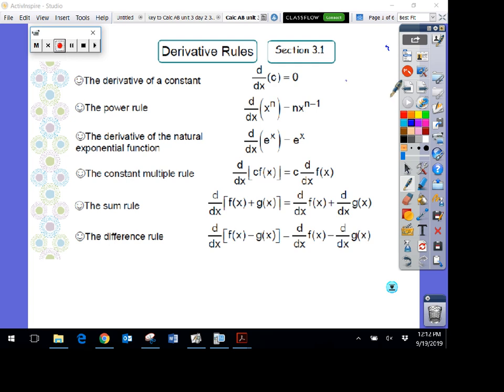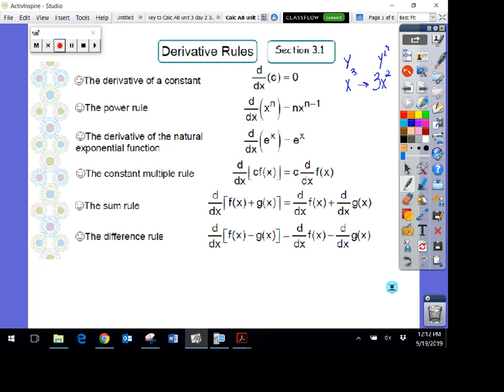So for example, if I had x to the third, I bring that 3 down in front, I write the x, and I subtract 1 from the 3, so I get 2. So there is the derivative. If this is y, this is y prime. They're not equal. This is the function. This is the derivative of that function.